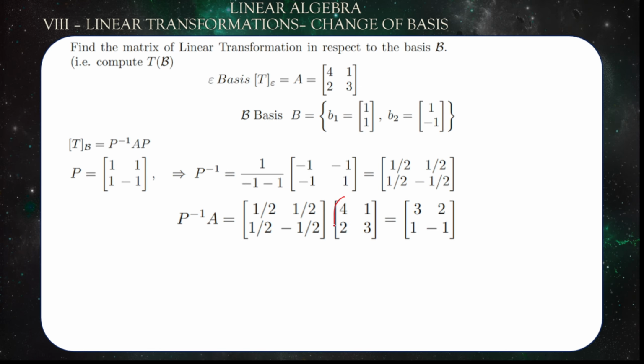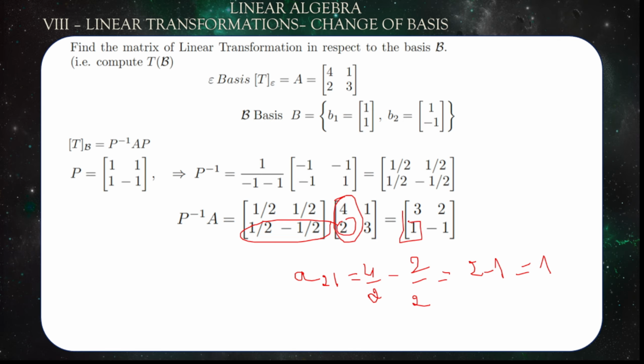Now, as for this element, the second row, first column, or A21, it's equal to 4 times 1 half, or 4 divided by 2, plus 2 times minus 1 half, or minus 2 divided by 2, or minus 1. So 2 minus 1 is equal to 1.